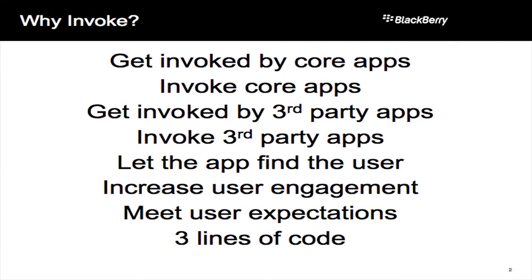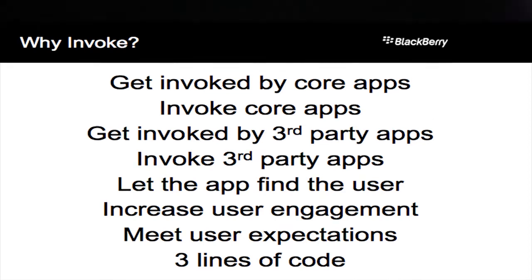So, why should we invoke? Let me cut to the chase and simply mention 7 out of 700 reasons. Reason 1. Core apps use them heavily. They're guaranteed to be on the device, and you have a chance to get invoked by them. Reason 2. You can invoke core apps. They usually do things that are very important to users, and they probably do it the best. Reason 3.